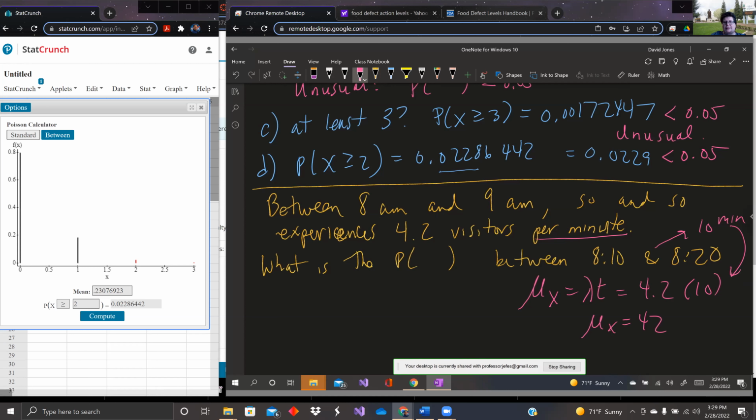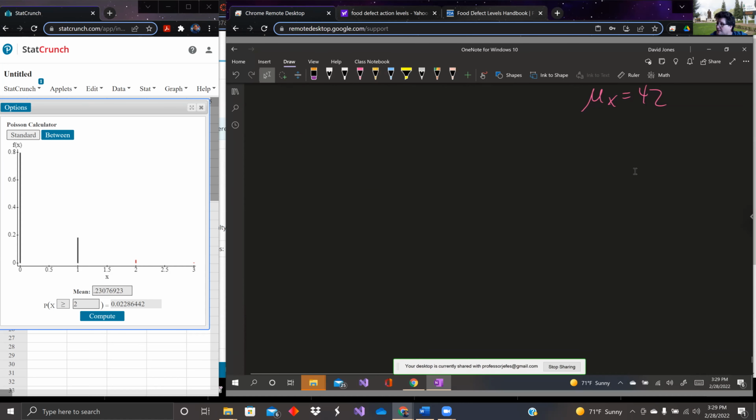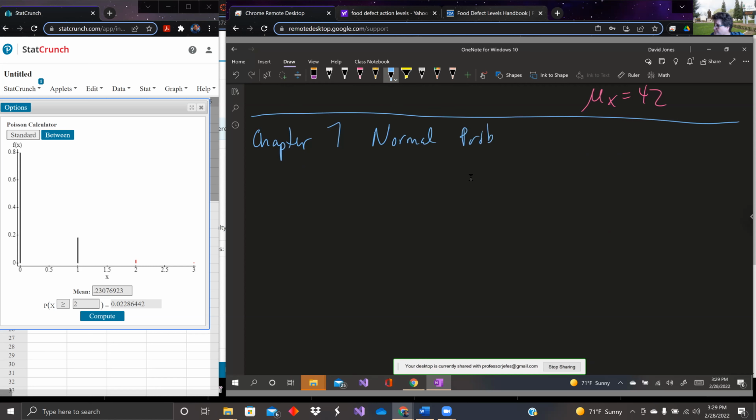All right. Let's take a look at chapter 7, the normal distribution. The normal probability distributions. And this is our world of continuous data. Chapter 6 was our discrete variables.